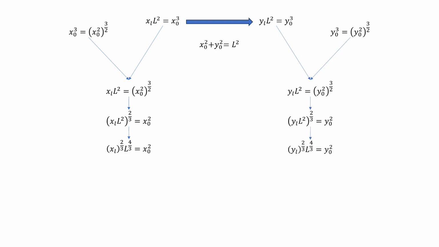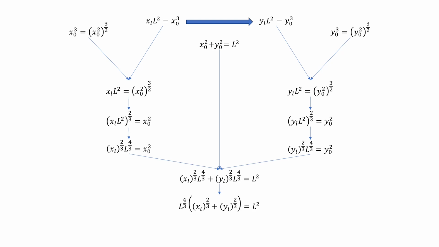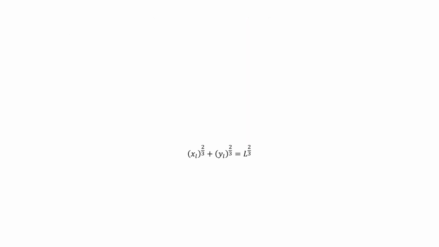Now combine all three to get rid of x0 and y0 entirely. Almost done. So factor out that L to the 4/3 power and divide it out. And there it is, x to the 2/3 plus y to the 2/3 equals L to the 2/3. And that subscript L is vestigial, so we can just get rid of it.